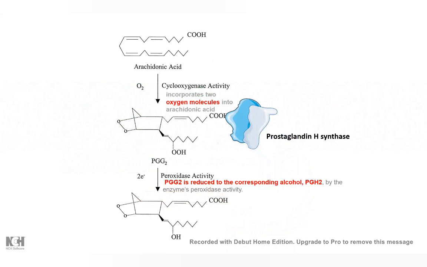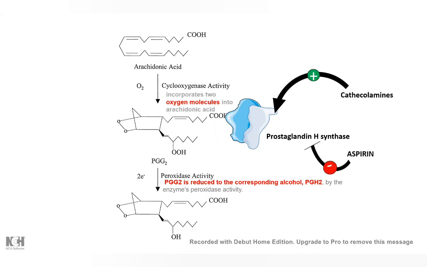We also remember there is another important enzyme in the prostaglandin synthesis pathway, which is prostaglandin H synthase. Its activity is triggered by catecholamines, whereas it is inhibited by compounds like methyl salicylate and similar compounds like aspirin.